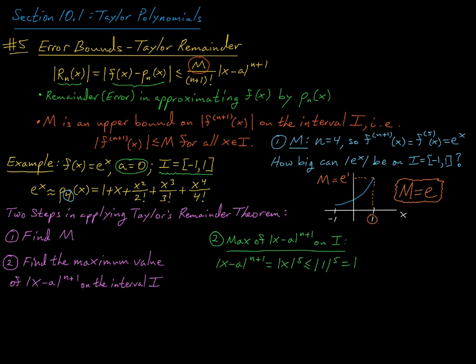Okay, so we've now put that all together. R4, the remainder when using P4 to approximate our function e to the x, can be no larger than M, which we found is e, divided by n plus 1 factorial, so that's 5 factorial, times the absolute value of x minus a raised to the n plus first power. So that's just the absolute value of x raised to the fifth power.